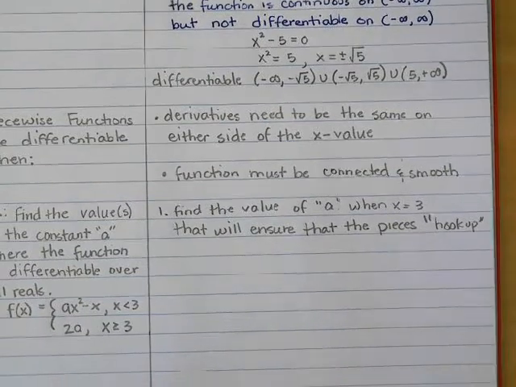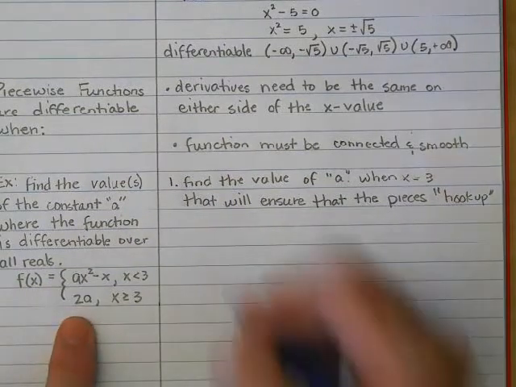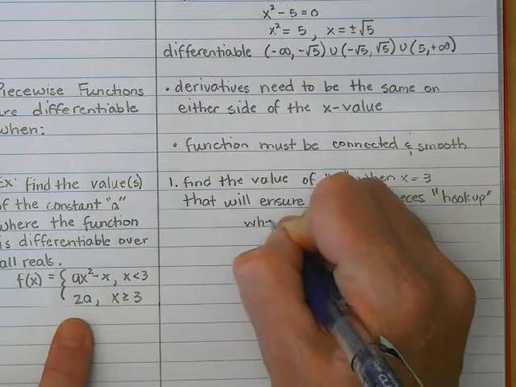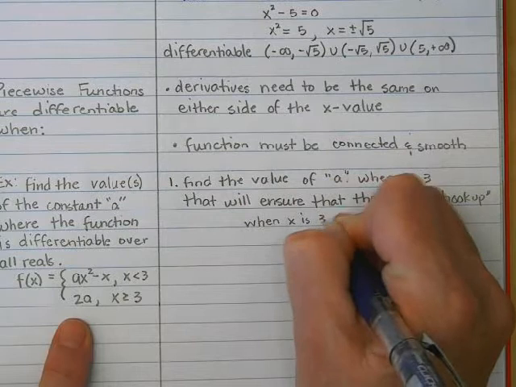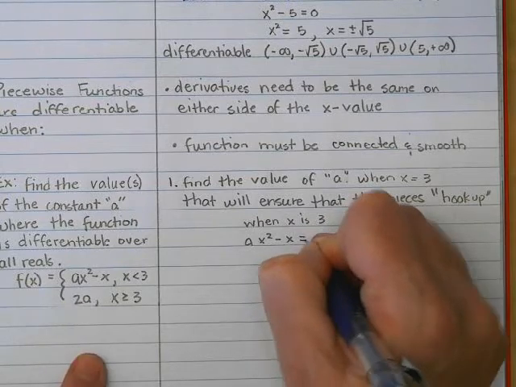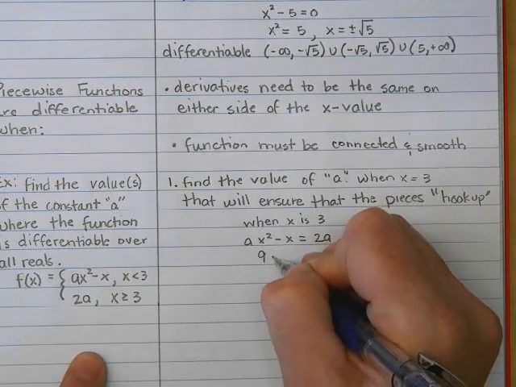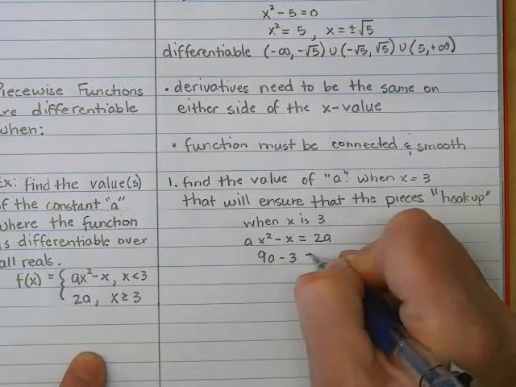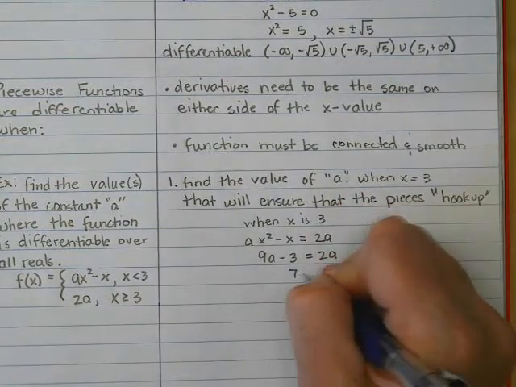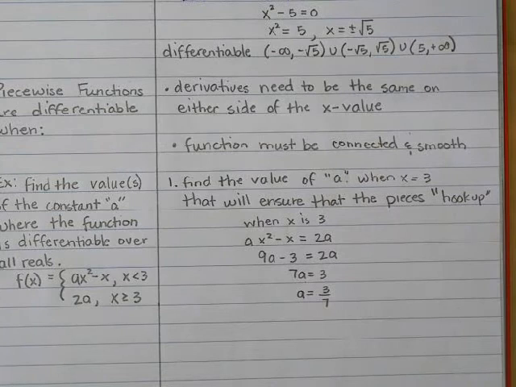If those pieces are going to hook up, these have to equal each other when x is 3. So when x is 3, I know that ax squared minus x has to equal 2a. That's going to be 9a minus 3 is equal to 2a. So that is 7a equals 3, and a would be 3/7.